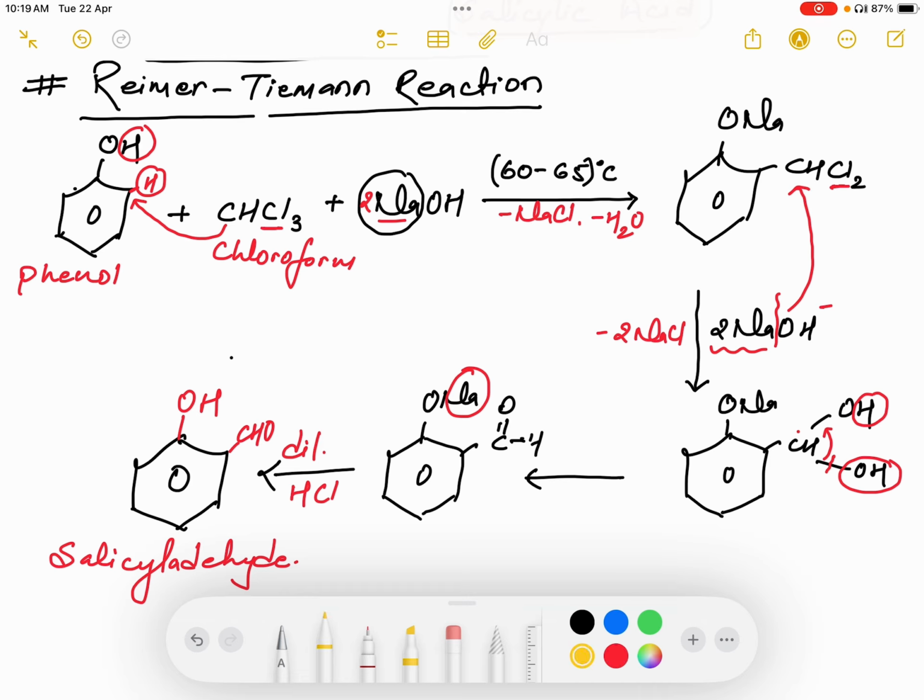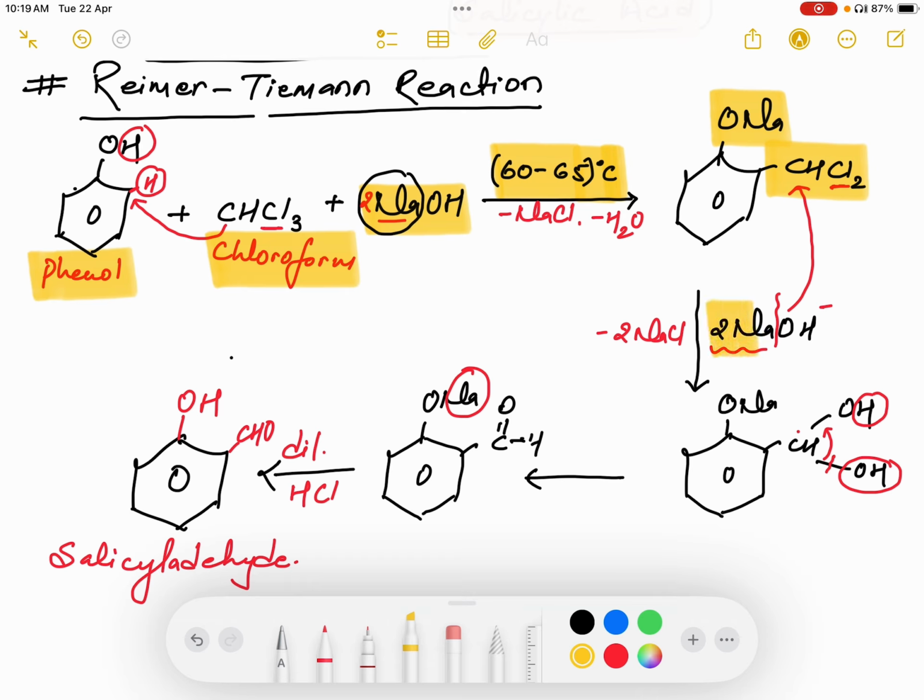So this is what you need to remember. When phenol is being treated with chloroform and NaOH at a temperature of 60 to 65 degrees C, we get an intermediate something like this.